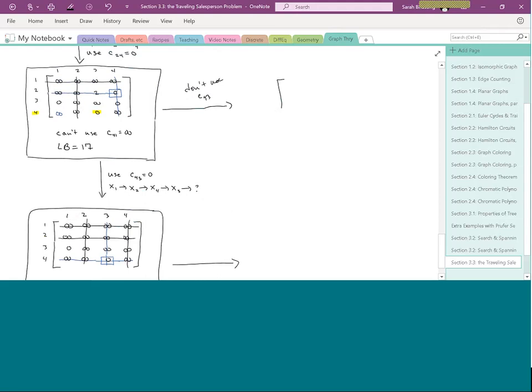So first two rows are infinities because they're crossed off. Second column is crossed off. Fourth column is also crossed off. Okay. So now we just have four entries that are really in play.